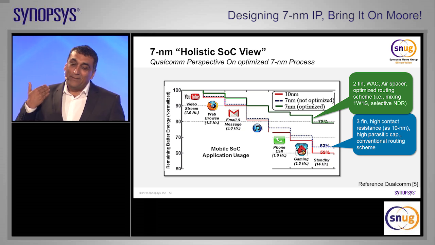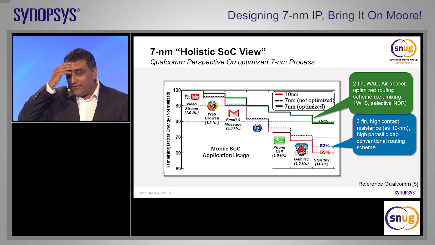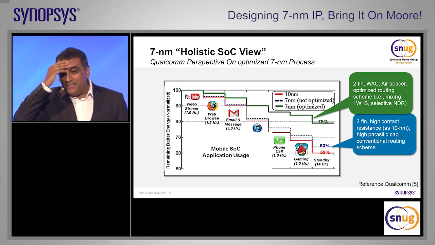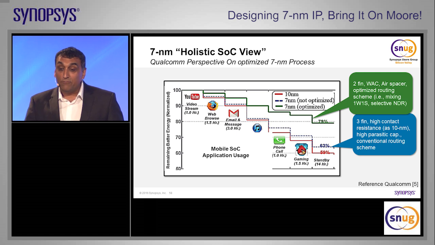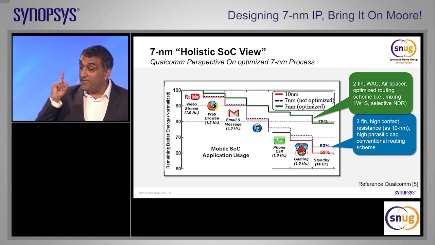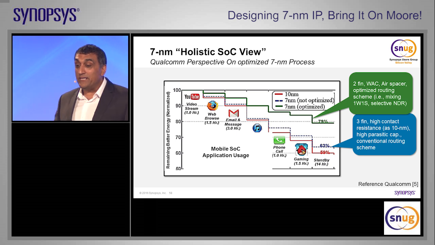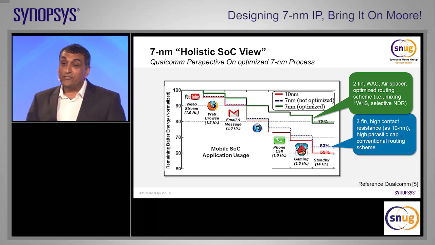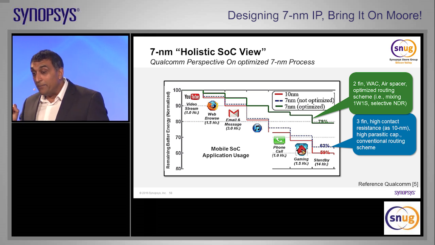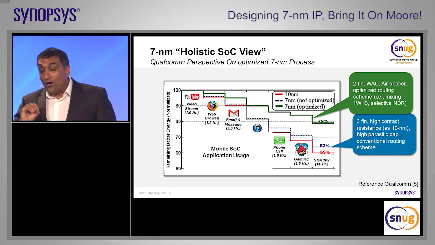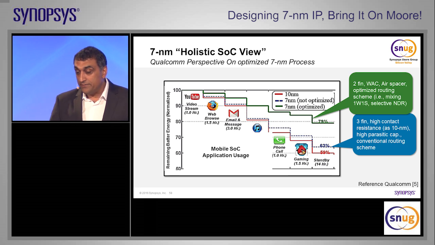But if you read the paper and speak with that team, what I learned was that for the comparison they made, they really were able to trade off the power consumption based on fin depopulation, wraparound contacts, air spaces. Very interesting. They did what we did at Synopsys with our foundation IP. They were able to optimize certain parameters to get even more performance out of that leading edge node.